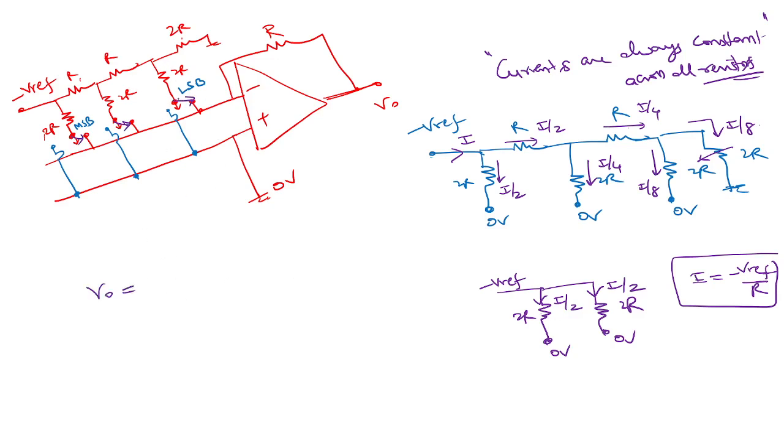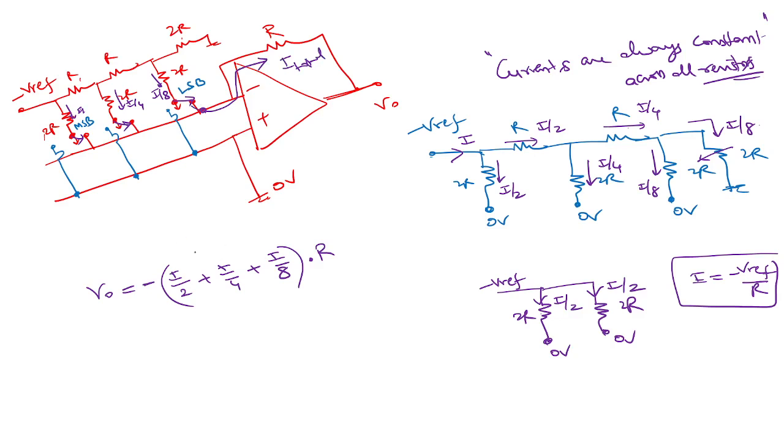If this current comes, let's say, this is I by 8. This is I by 4. This is I by 2. Here, all the currents will sum up. So the total current is I by 2, I by 4, I by 8, multiplied by R. This is minus. So the current is coming like this. This is I total.